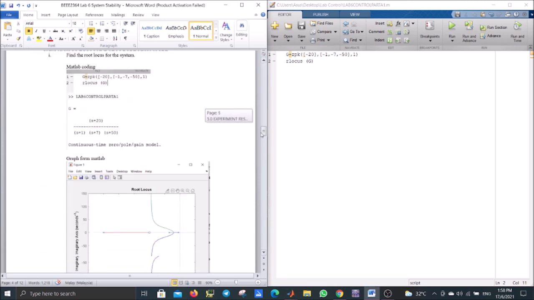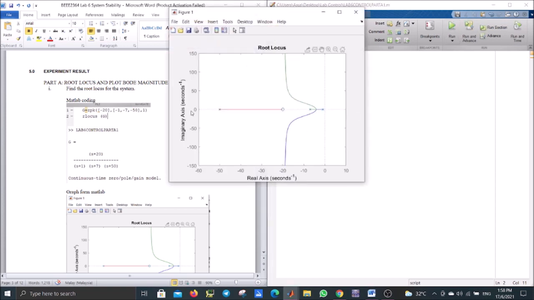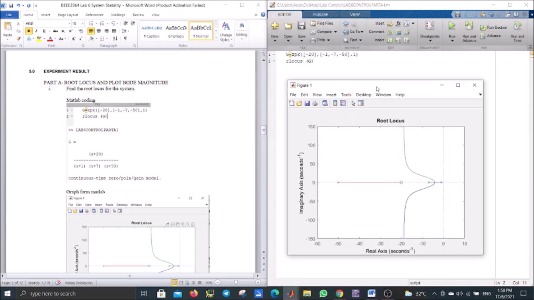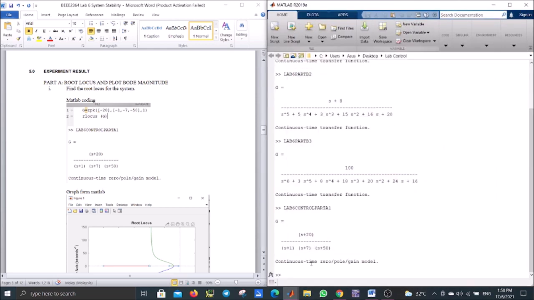So as you can see over here, if I run the MATLAB, you can see here is the code output for part A1. So here is the output over here, and this is the code, and this is the output.